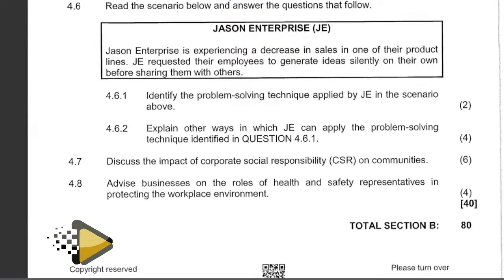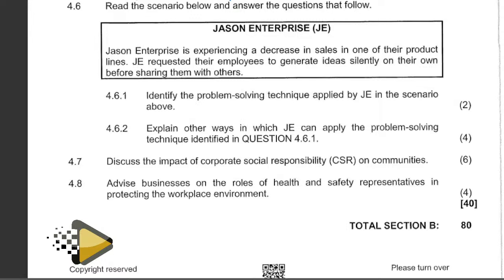We have 4.6. Read the scenario below and answer the questions that follow. Here's an enterprise, which is JE. JE is experiencing a decrease in sales in one of their product lines. So JE requested their employees to generate ideas silently on their own before sharing them with others.